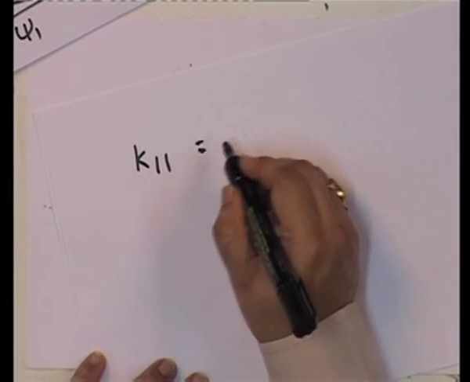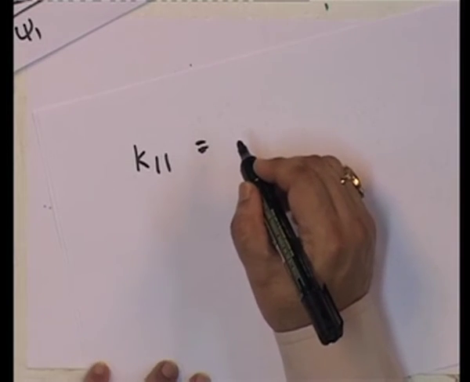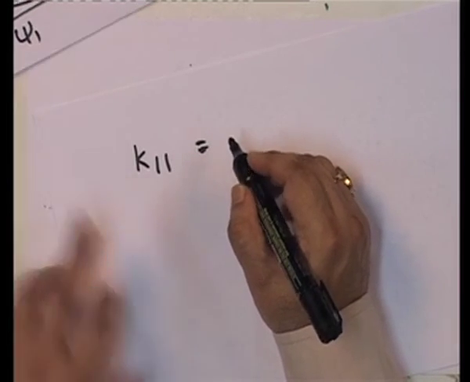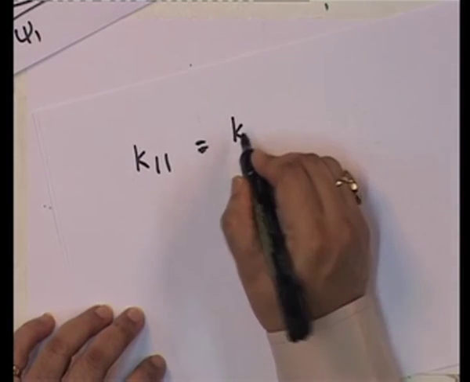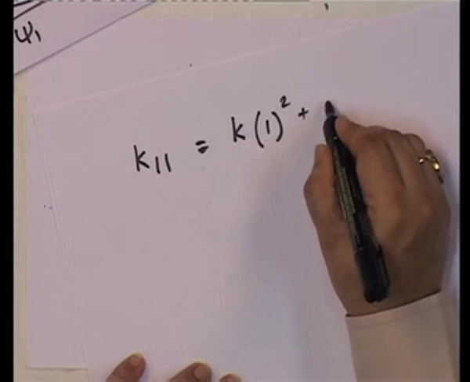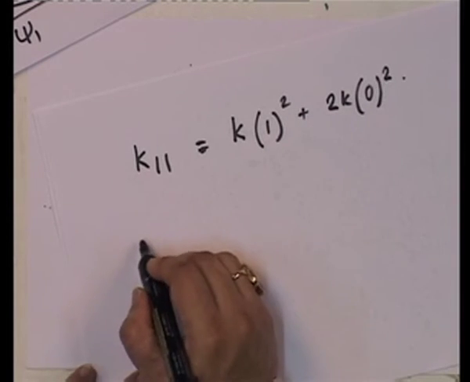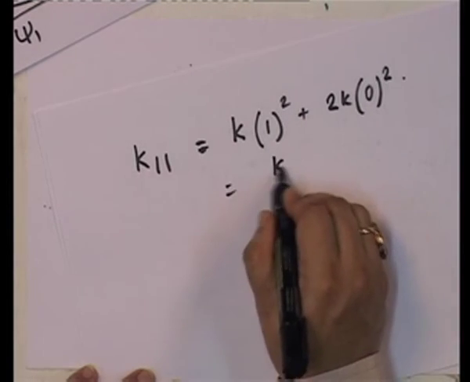So, k11 is going to be k into 1 squared plus 2k into 0 squared. Okay, so that is equal to k.